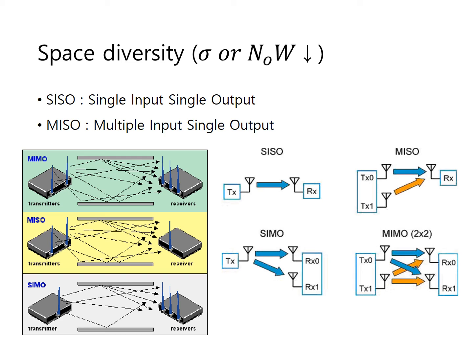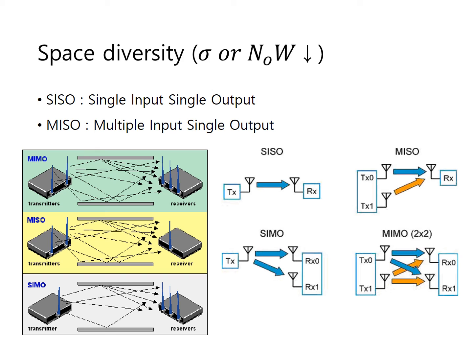One way to increase SNR is to use multiple antennas. The number of transmitting antennas may be multiple, or the number of receiving antennas may be multiple. MIMO represents multi-input, multi-output.